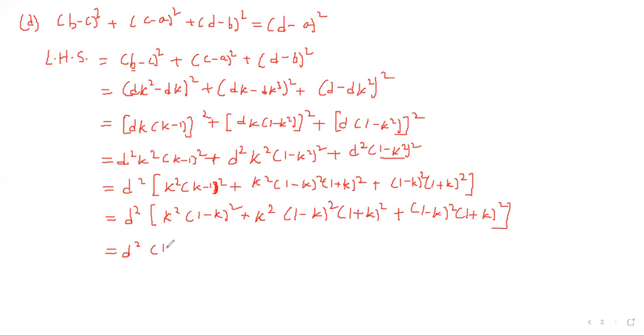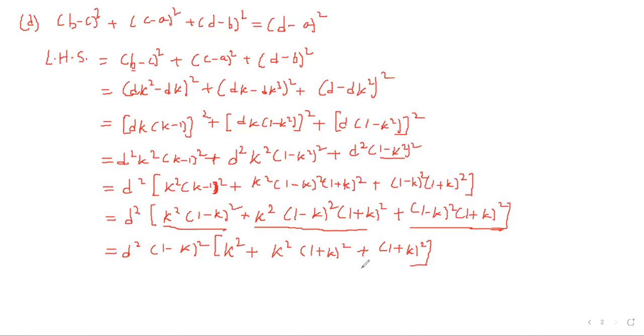Now (1 minus k) whole square is common in all the three terms. Each term has (1 minus k) whole square. So when we take it common, it is k square plus k square into (1 plus k) whole square plus (1 plus k) whole square.